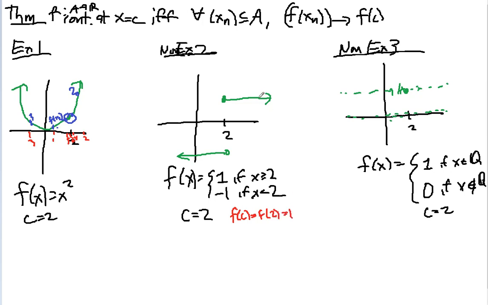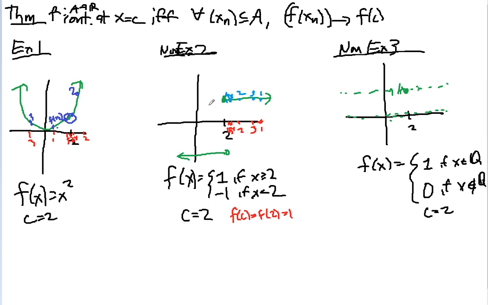So certainly I could come up with a sequence 1, 2, 3, 4, 5, 6, etc., that does map up to here, and the blue things would converge to f of 2, which equals 1. But it has to be true for every sequence.